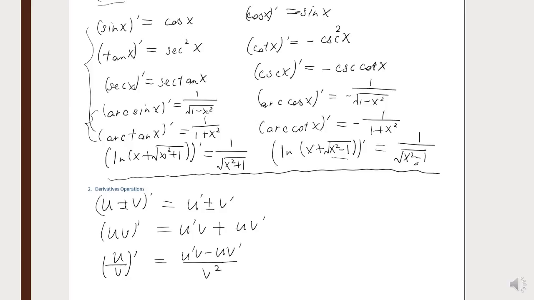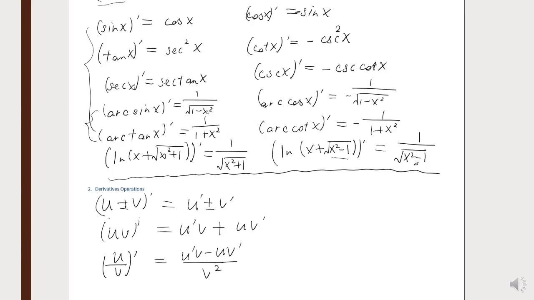As we understand, we have the basic algebra operations: addition, subtraction, multiplication, and division, right? Similarly in differentiation, for two functions u and v: if you want to do the plus or the minus operations, it is very simple.